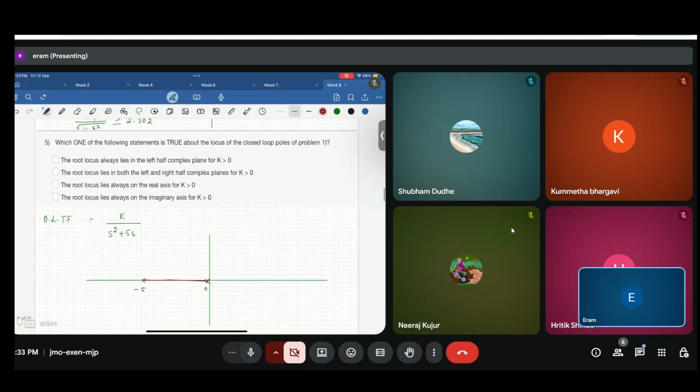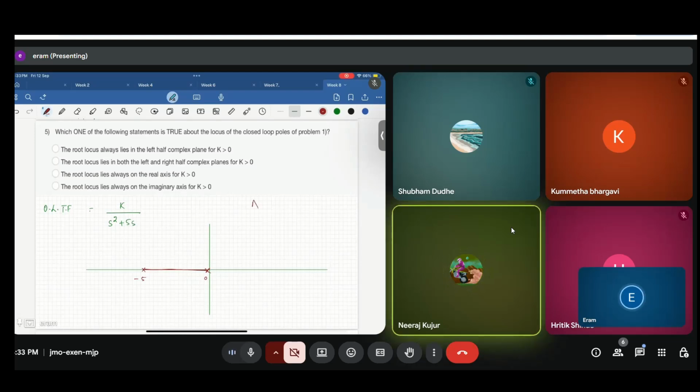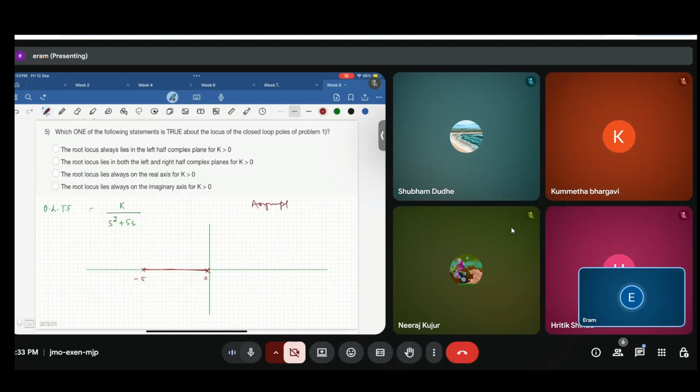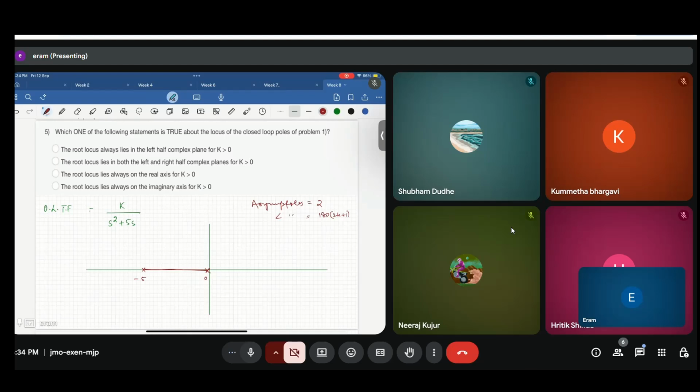For that, how many asymptotes will we have? Two. We have two asymptotes. And what are the angles of asymptotes? 90 and 270, divided by 2, so it will be 90 degrees and 270 degrees.